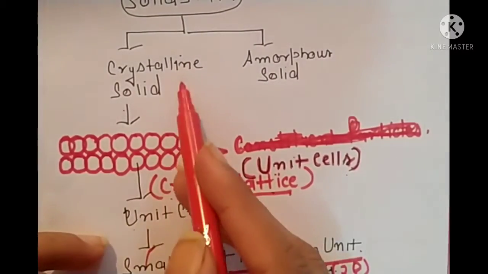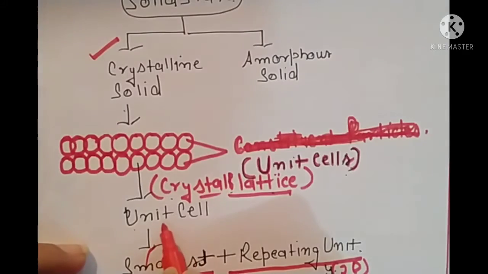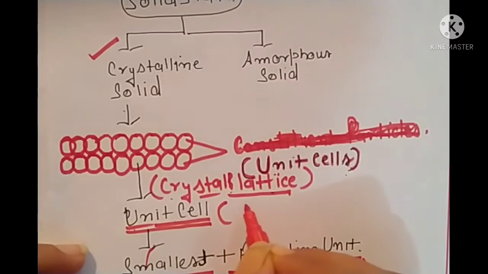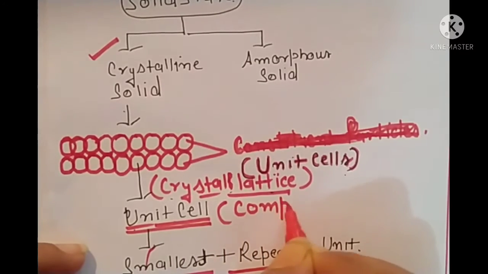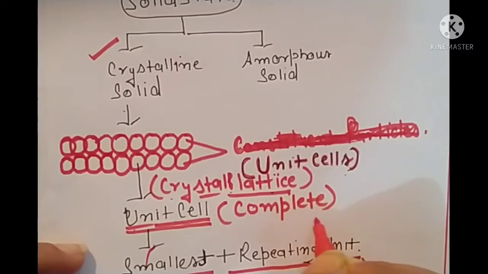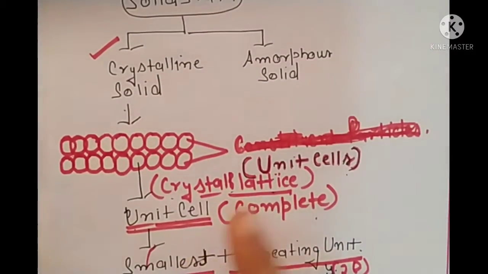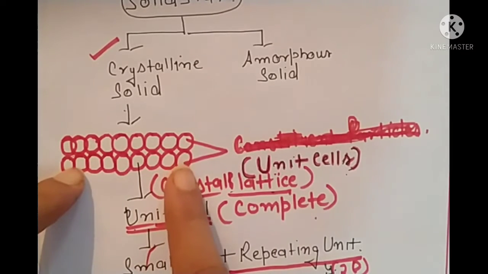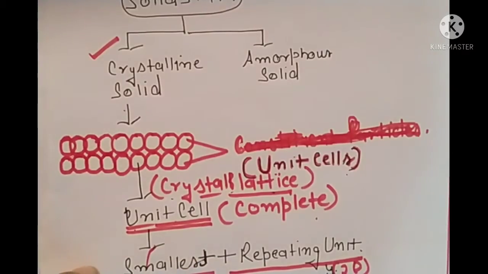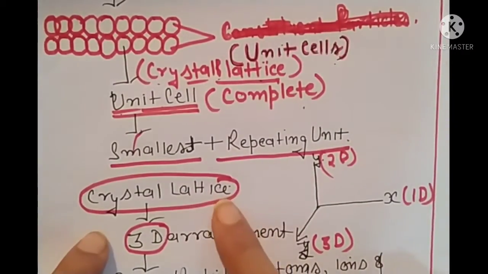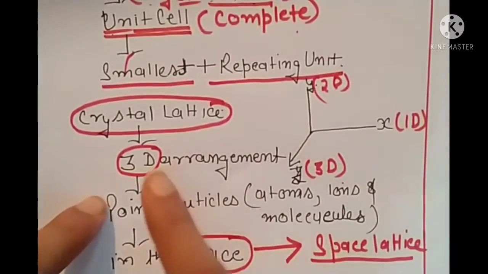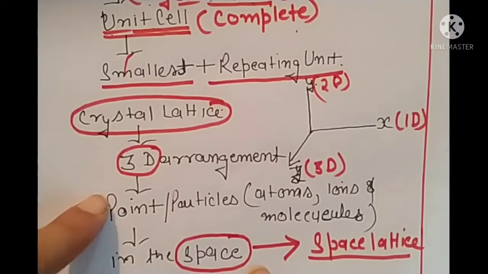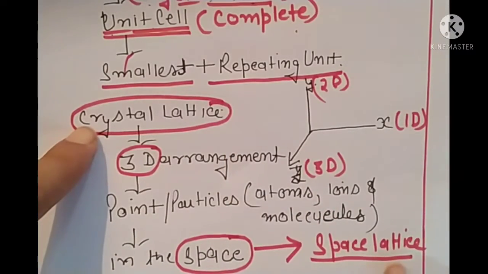In a crystal lattice you see the three-dimensional arrangement of particles in space, which is why it is also known as space lattice.